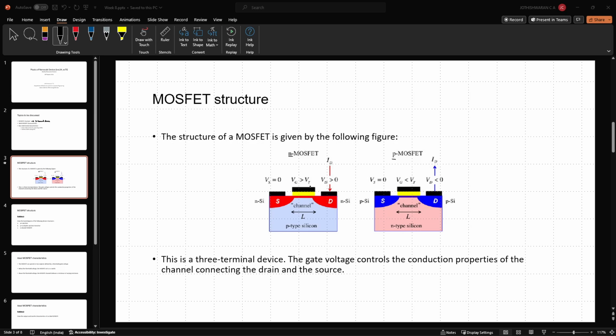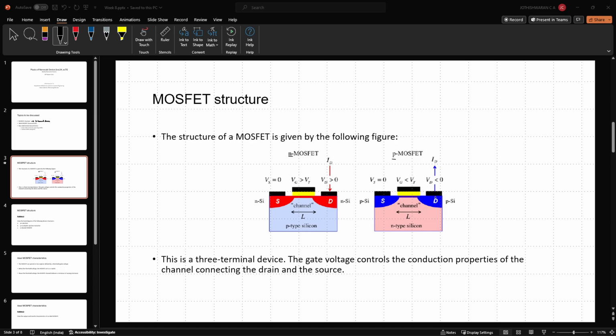For operating an N MOSFET, we need to have our gate voltage above the threshold voltage. And for operating a P MOSFET, we need to have a gate voltage that is below the threshold voltage. And by convention, the current flows out of the drain terminal and into the drain terminal respectively. This is simply ascribed to the fact that the majority charge carriers in one case are electrons and in the other case are holes.